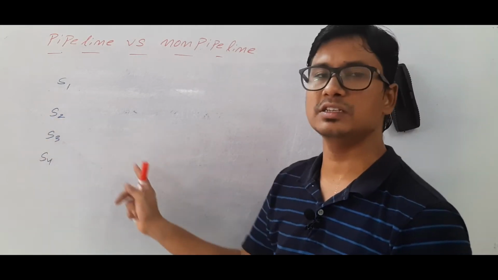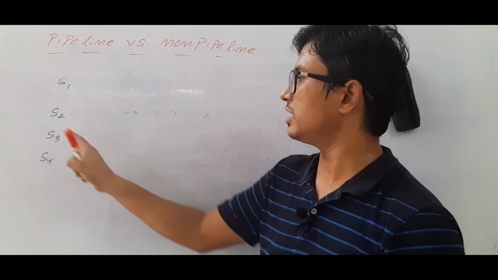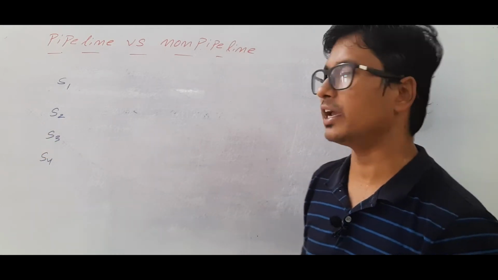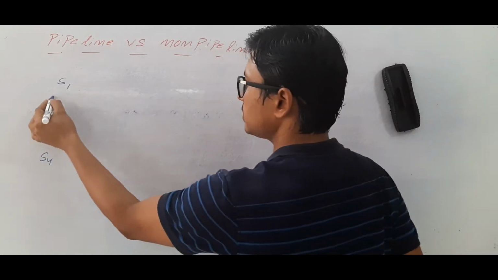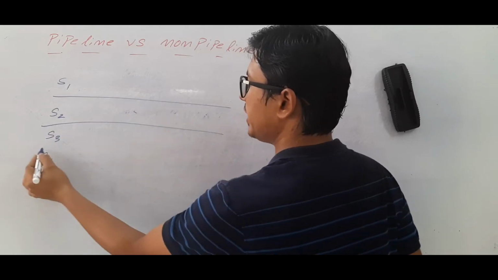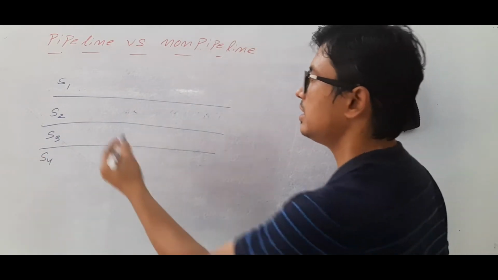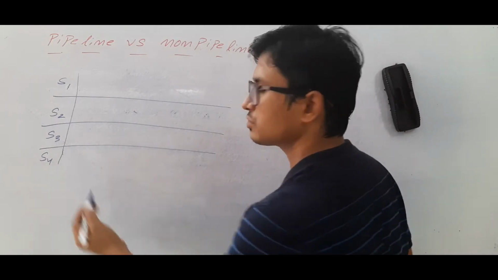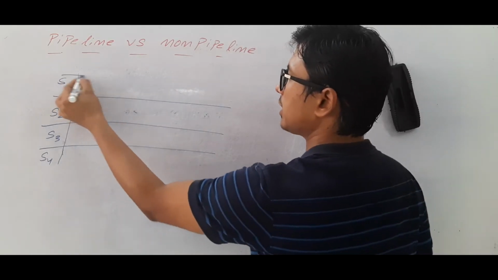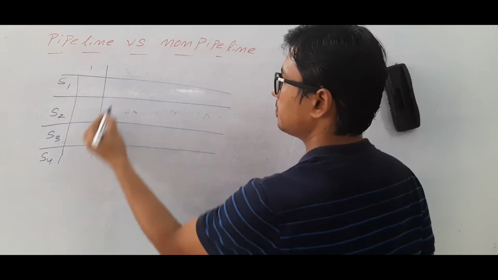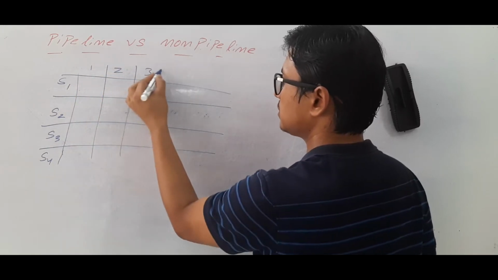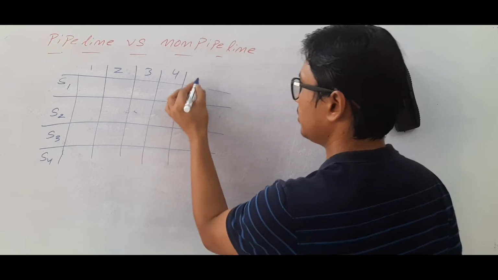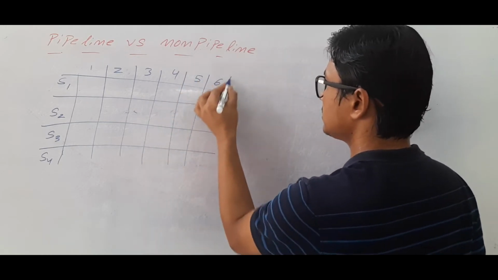I will call this the stage time analysis diagram. On the y-axis I have the number of stages. Here I have 4 stages, so I have written S1 to S4, and time I will write here 1, 2, 3, 4, 5, 6, and so on.